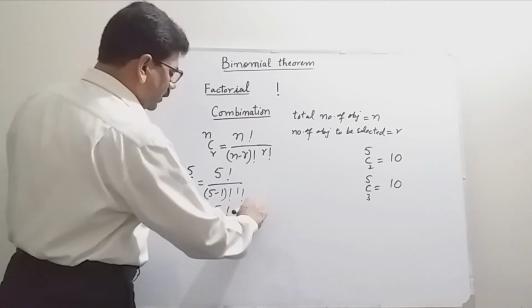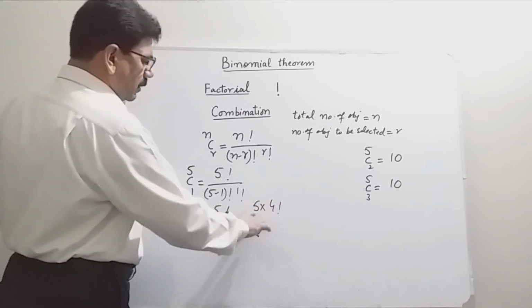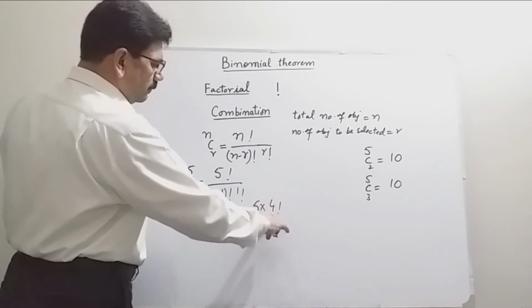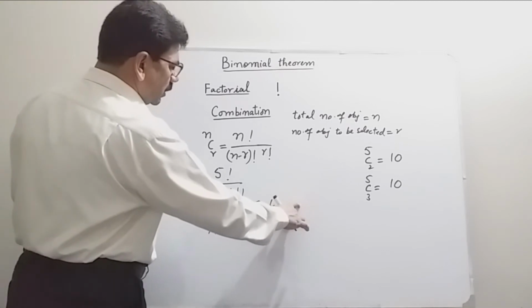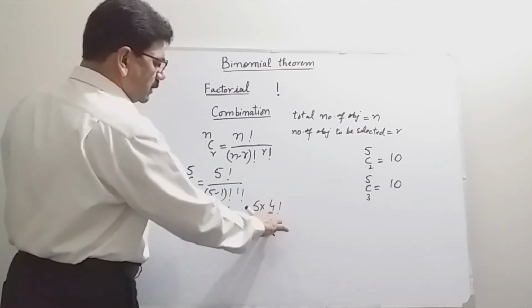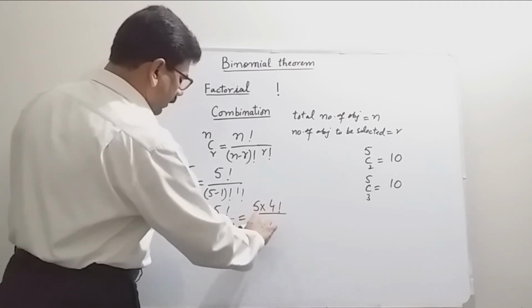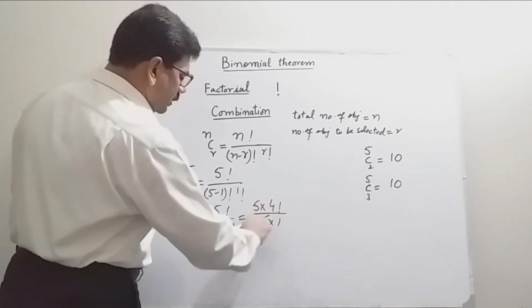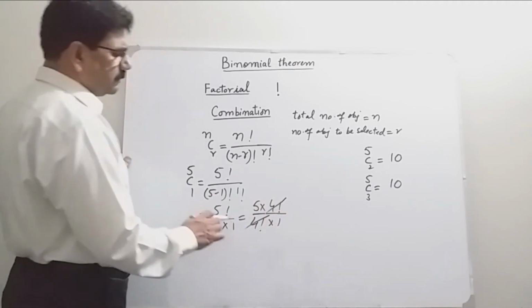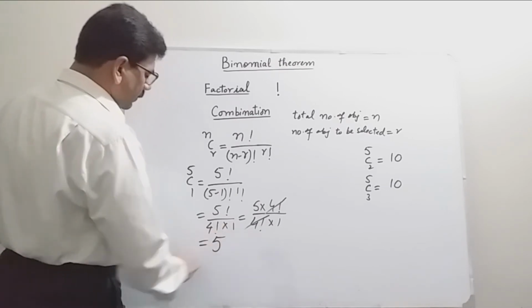Now 5 factorial can be written as 5 times 4 factorial, because 4 factorial will be 4 times 3 times 2 times 1. Instead of writing all those numbers, we just write 4 factorial divided by 4 factorial multiplied by 1. This 4 factorial will be cancelled with this 4 factorial. As a result, we will get 5.